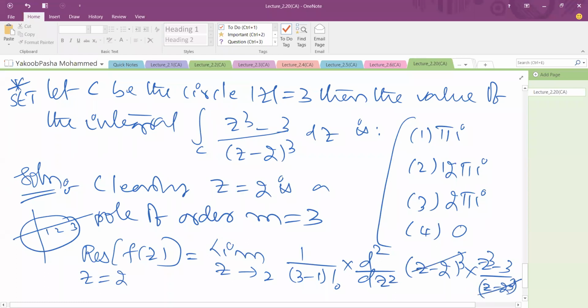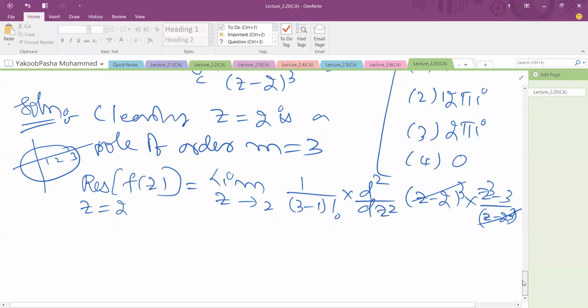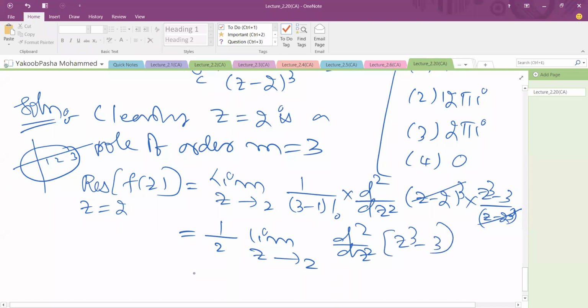Okay, we can cancel z minus 2 whole cube. So this is nothing but 1 by 2 factorial, which is 2, limit z tends to 2, d square by dz square of z cube minus 3.